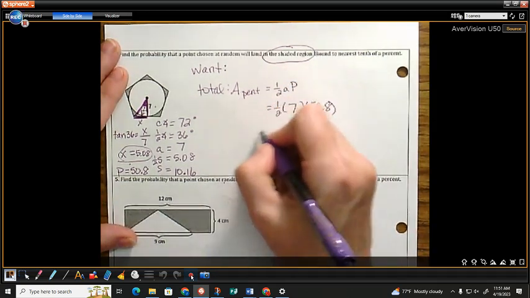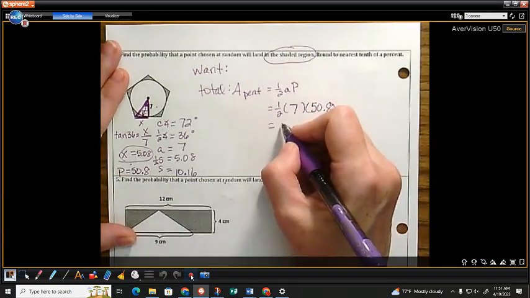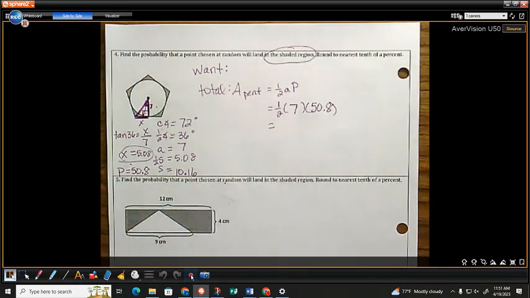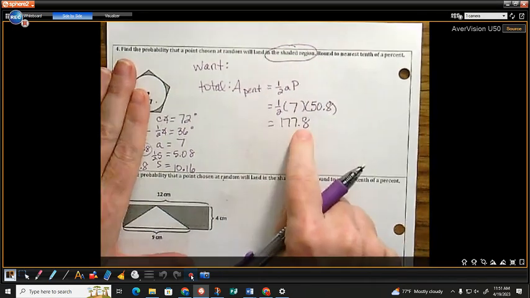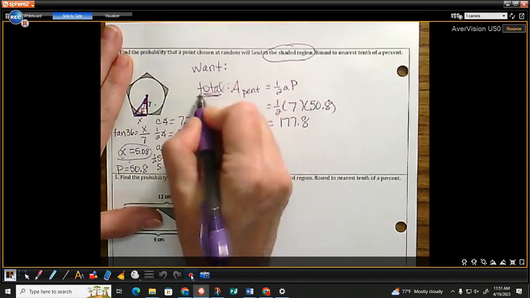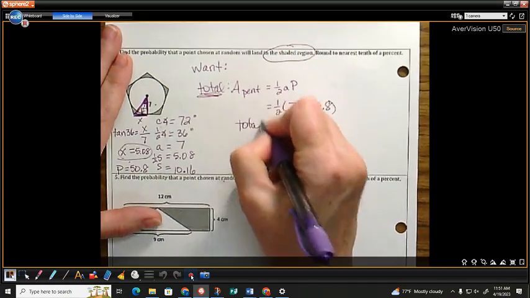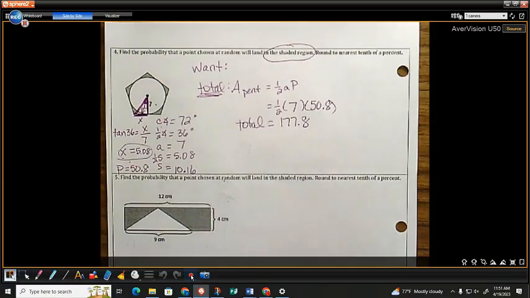So the area of my pentagon, somebody who has a calculator, because I do not. 177.8. Okay, I'll buy that. What did I just find here? Area, which was the total I needed. This is why keeping track of stuff is important, so you know what numbers you found.